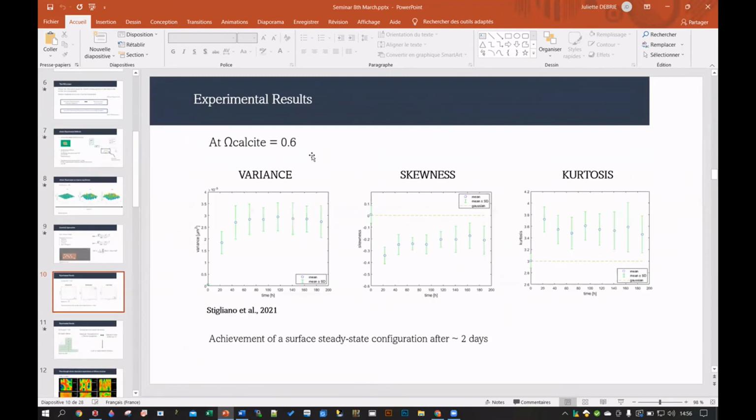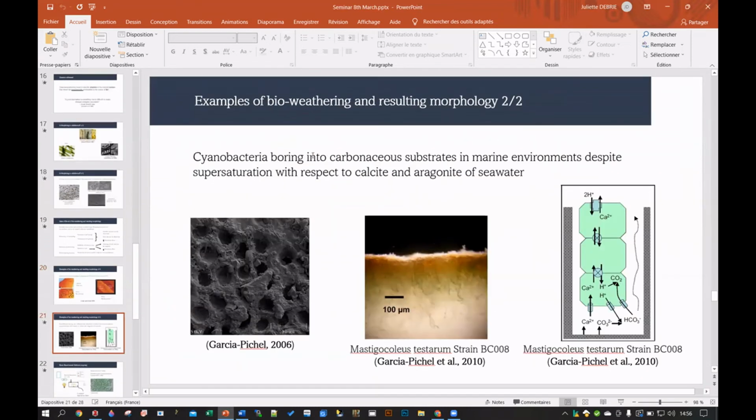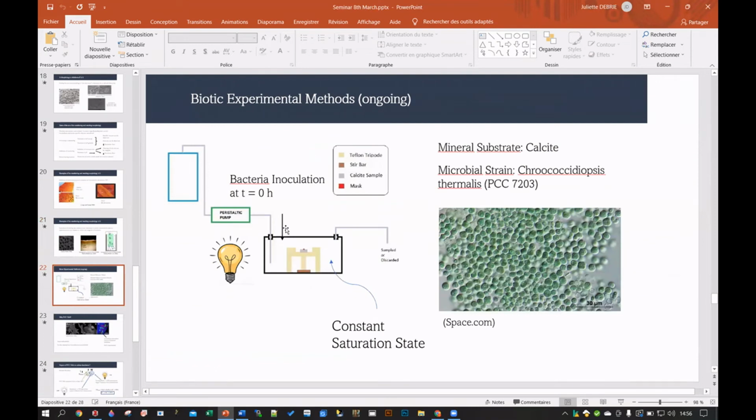If we inject a very low concentration of cells inside the reactor at the beginning, and they attach very quickly to the surface, and if we can have a very high flow rate with the cells still remaining attached, then I hope we will not see too much change in the chemistry of the solution.